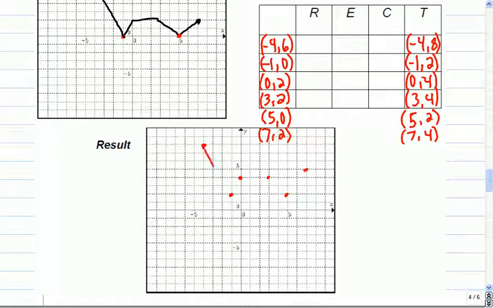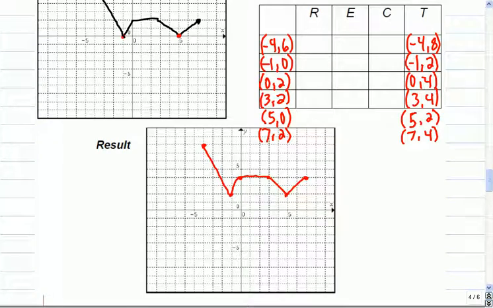Okay, so the final graph after the transformation would look like that. Oh, it's on 7, 5? Let me just see here. 7, 4. Oh, thank you. So it should be lower. It should be 7, 4. Is that right, Andy? Okay, so there, that looks better. So the graph's moved up too.